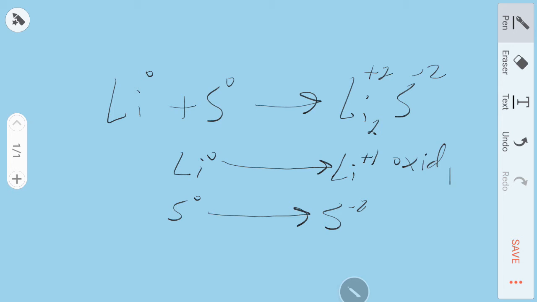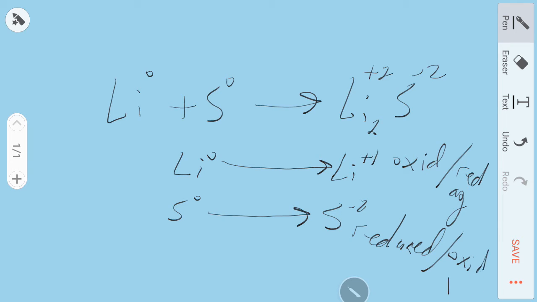If it's oxidized, that means it's the reducing agent. And who does it reduce? In this case, sulfur, because sulfur is reduced. It was reduced by lithium, right? And sulfur is the oxidizing agent that oxidized lithium. All right, that is number 2.